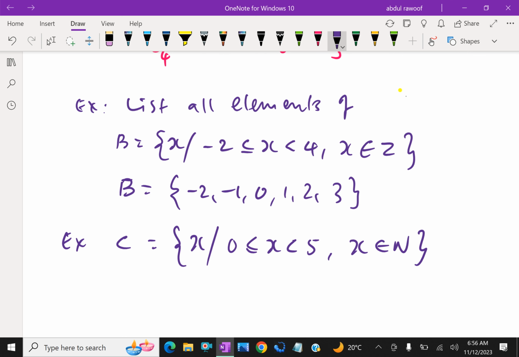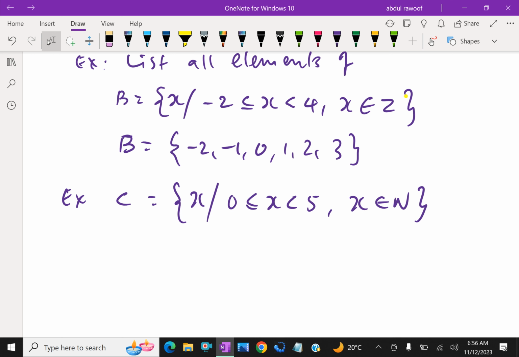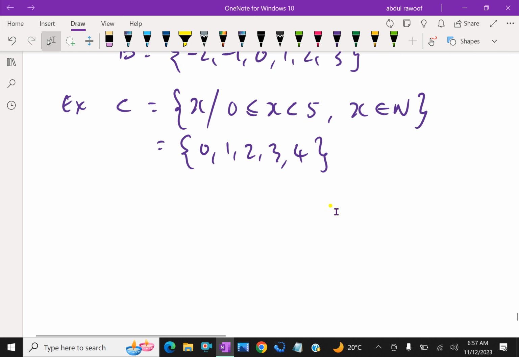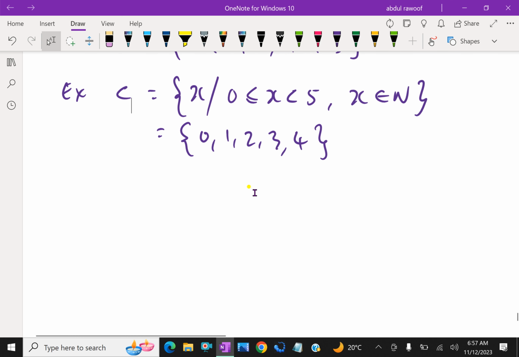In that, so we can say 0 is included here, 0, 1, 2, 3, 4, and 5 is not included because 5 is greater than x, not equal to x. That is, here 5 is not included.